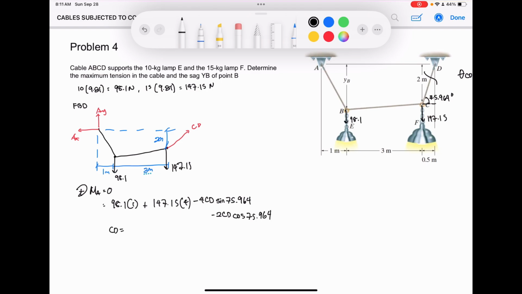CD is equal to 157.297 newtons. Meron na tayong CD.